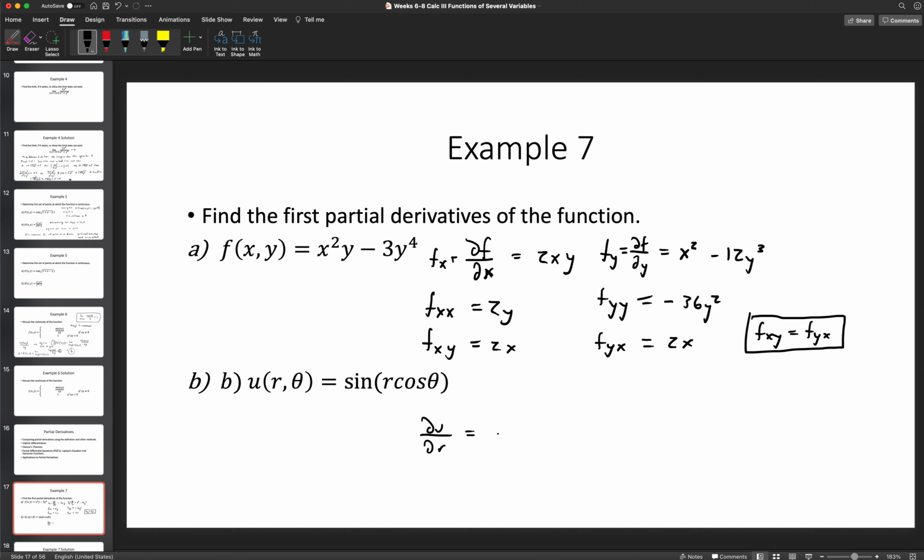The derivative of sine is, of course, cosine of r cos theta. And then you have to multiply it by the derivative of r cos theta, but we're holding cos theta constant, so we just get cos theta.